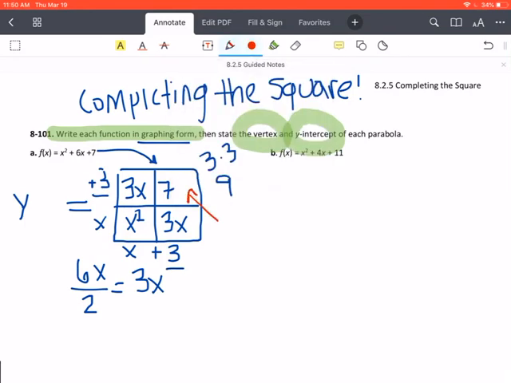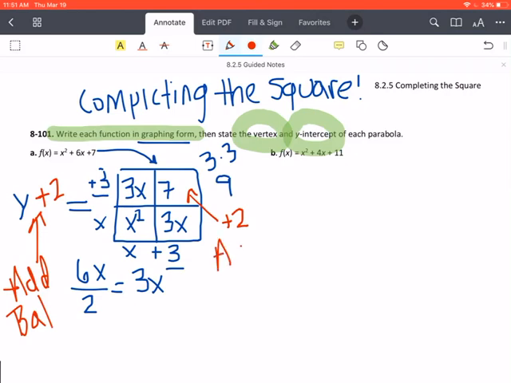So this is where you have to figure out, okay, what do I need to add? Well, to get from 7 to 9, we are going to add 2. And then we are going to have to also add 2 here to keep it legal. So I'm not always going to have you write add balance, but that will connect you with what we did first semester so you can see it come full circle. So we are going to add balance 2 on each side.